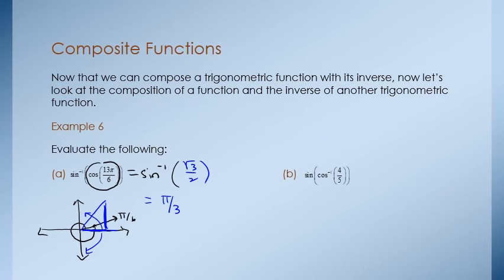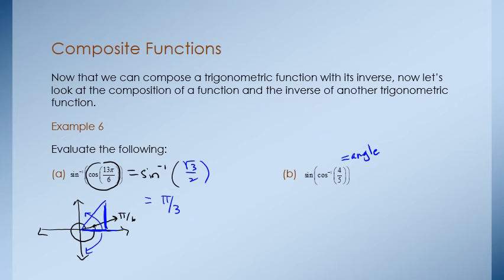For b, I have cosine inverse of 4/5 on the inside, and I want the sine of that. So let's remember what's going on here. Normally, like we saw with the cosine of 13 pi over 6, we input an angle. In this case, I am looking for the angle that produces a cosine of 4/5.